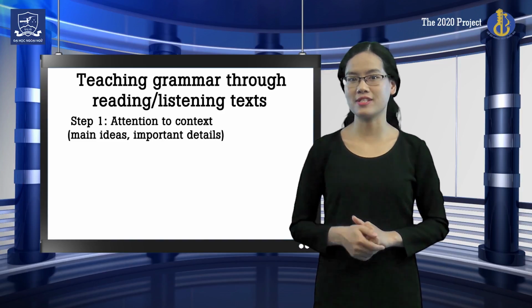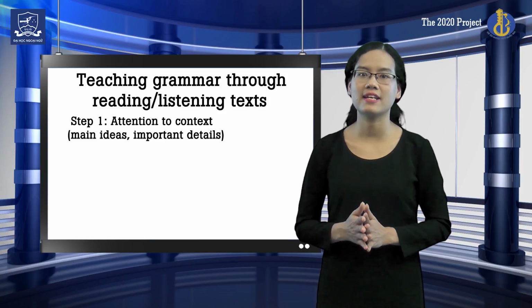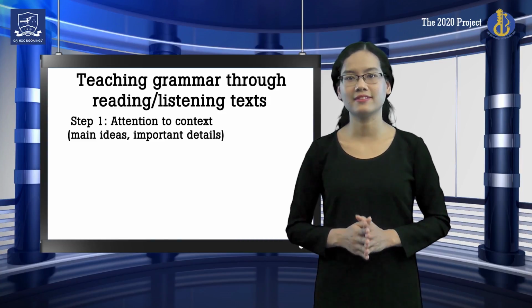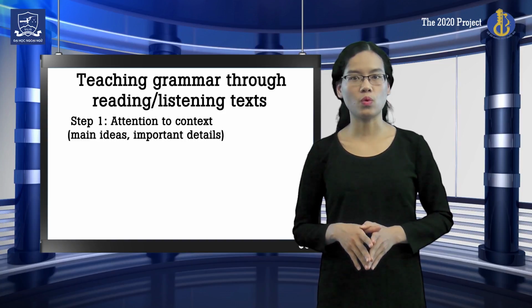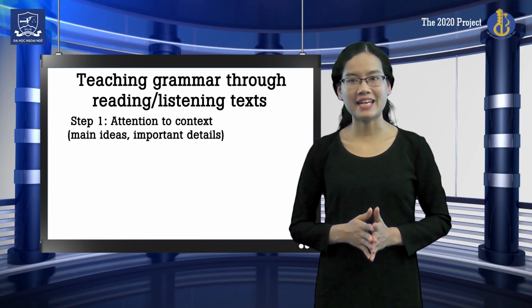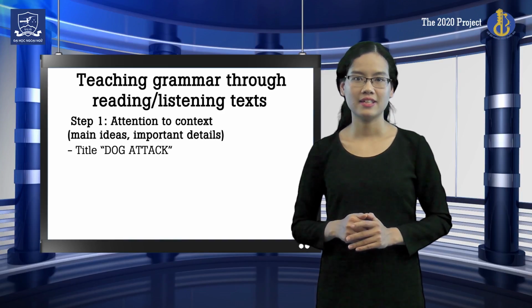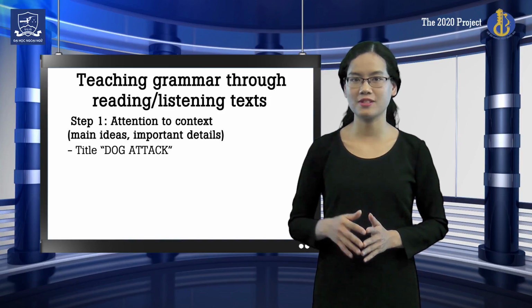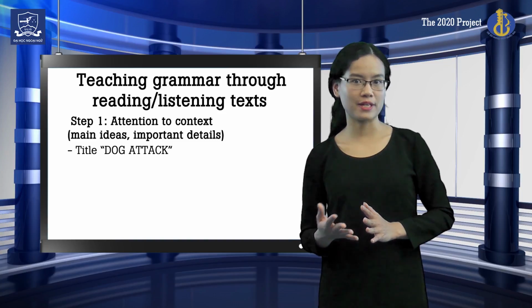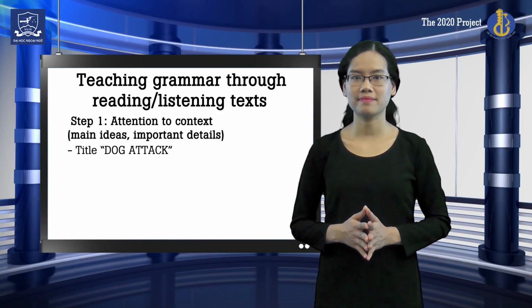Teacher should ask questions related to main ideas and also important details. Like in this example, teacher may ask students to look at the title, Dog Attack, and ask students questions to find out what they expect to find in the text.